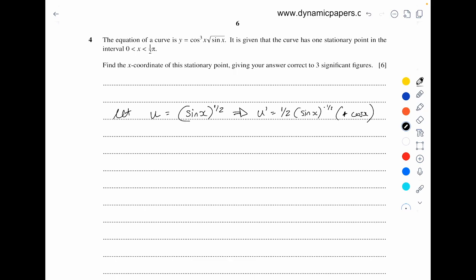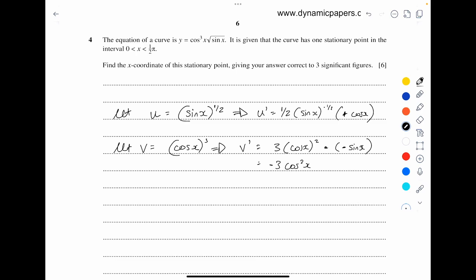Next we're going to say let v equal cos x to the third, which means then that v dash is equal to 3 cos x squared times negative sine x, which equals negative 3 cos squared x sine x.